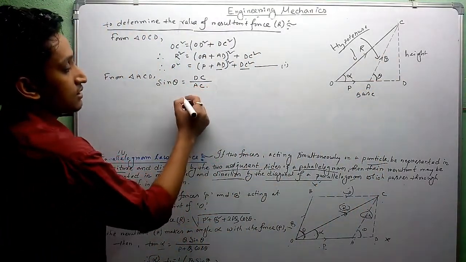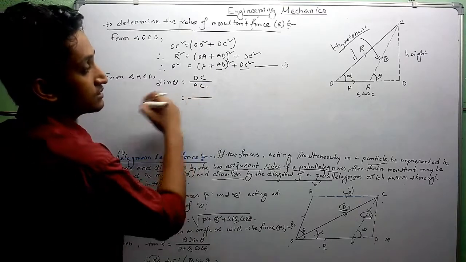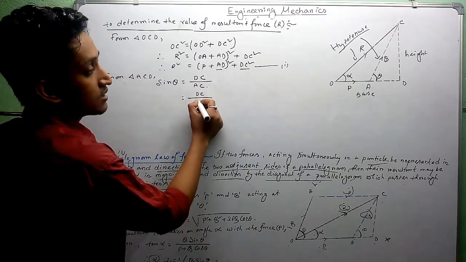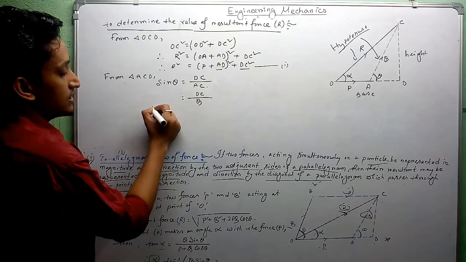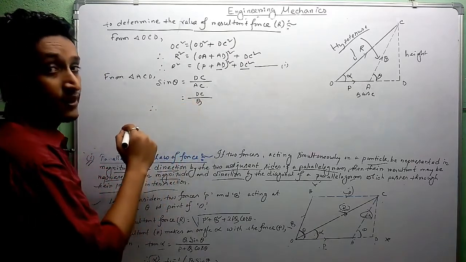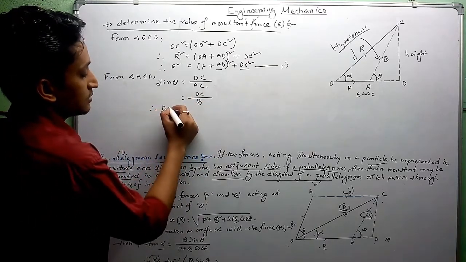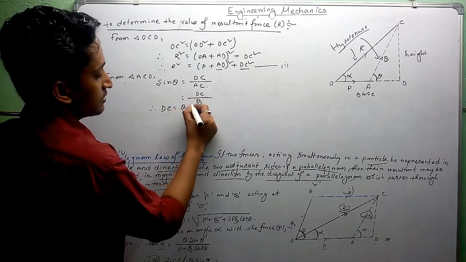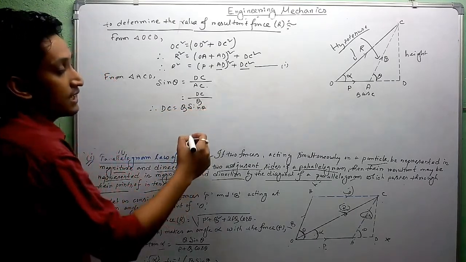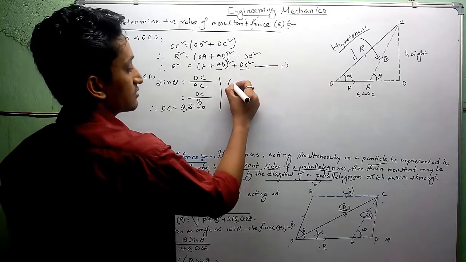We can put the value of AC as Q, so sine theta is equal to DC by Q. Then we can find that DC is equal to Q sine theta.